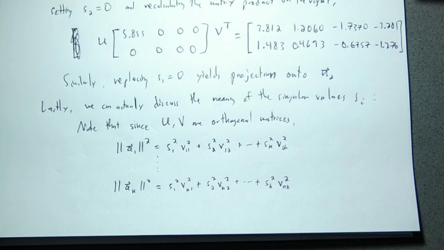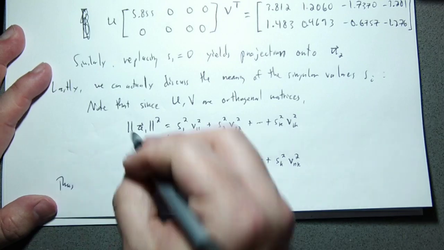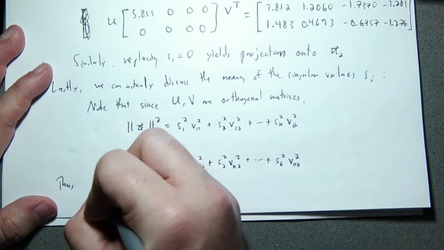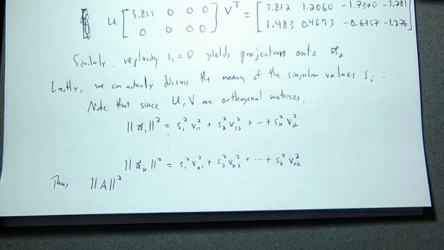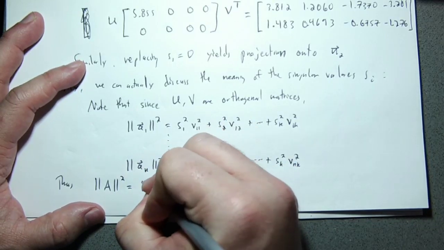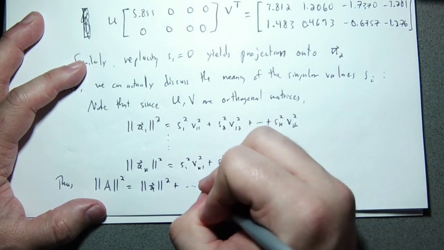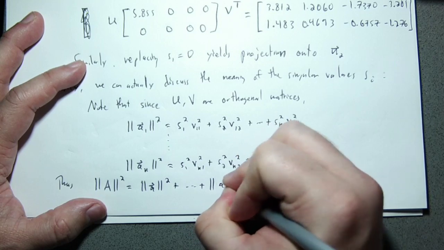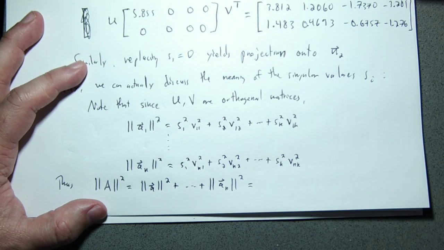Recall our definition of the norm of our matrix. Adding the sums of these squares was defined to be the norm of our matrix squared. So this is each of the norms of the columns of A squared, the sum of all these things. But then what do I get here?